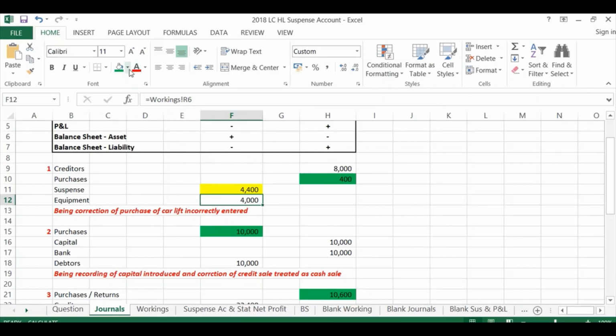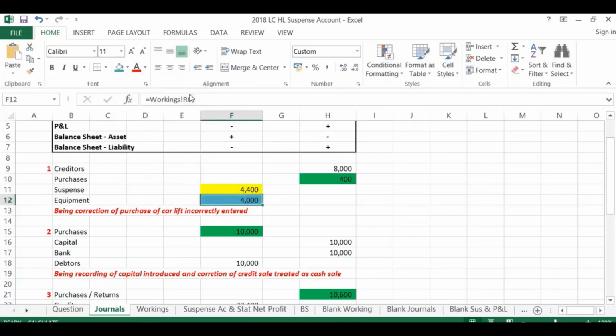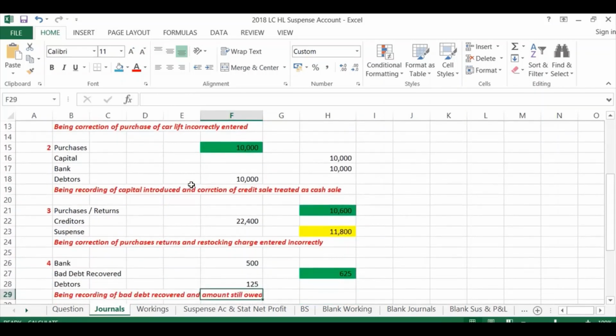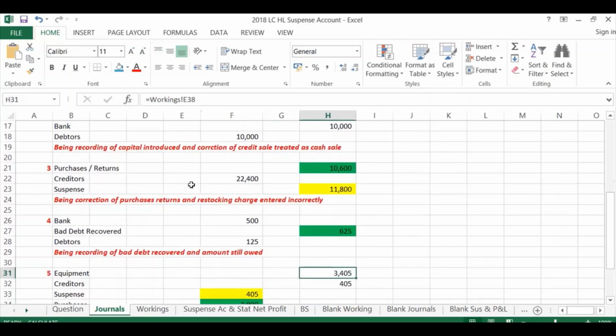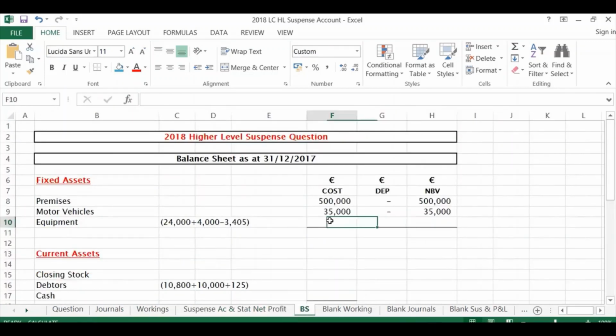So this equipment is a debit balance of 4,000, so that's going to increase my asset by 4,000, and then I have a credit equipment here of 3,405, which will reduce my asset. So I'm going to add the 4,000 and I'm going to take away the 3,405.